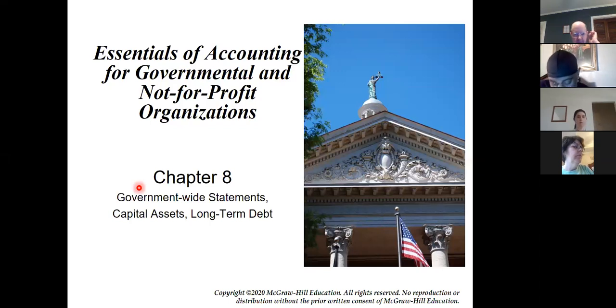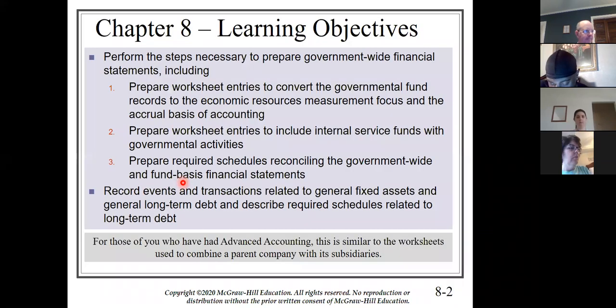Okay, now hopefully everybody sees the introductory slide for Chapter 8 on government-wide statements, capital assets, long-term debt. So the main objective of this chapter is to understand how all of these different funds get put together to prepare a government-wide financial statement. That would be preparing worksheet entries to convert it to accrual basis.